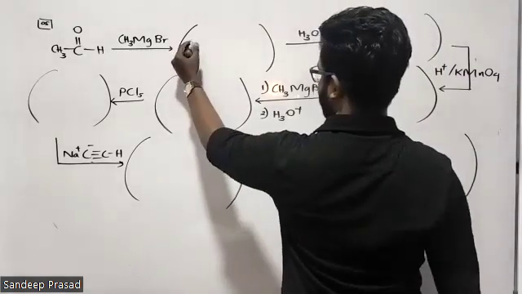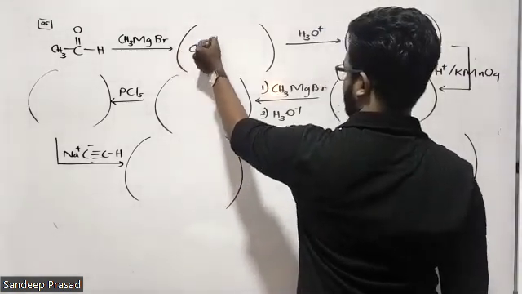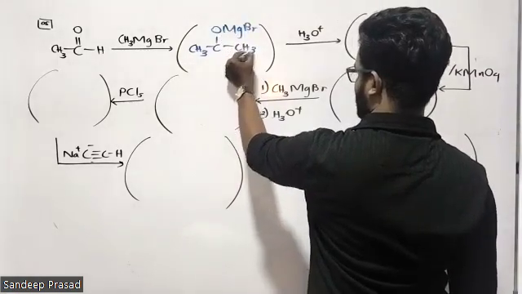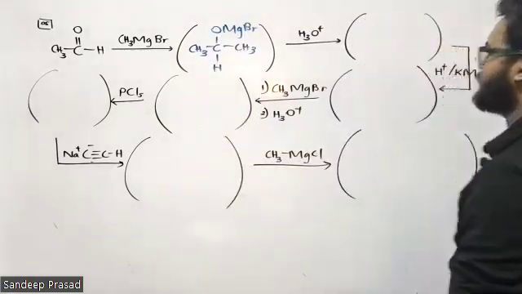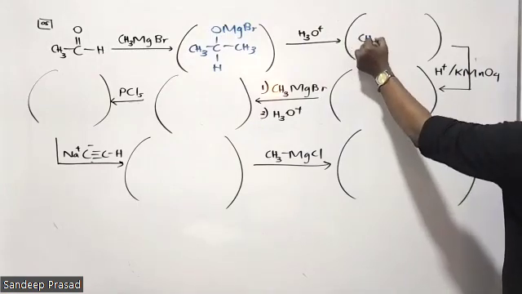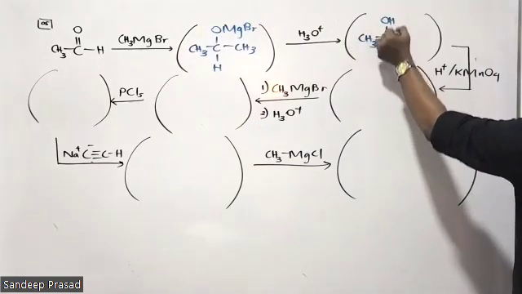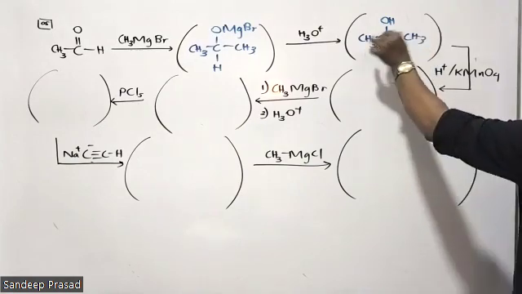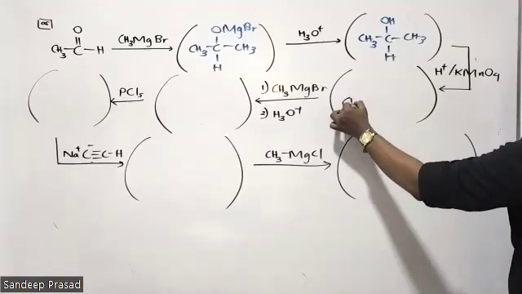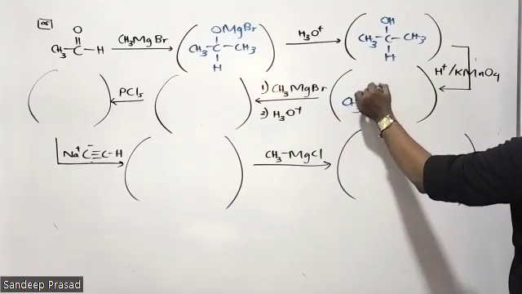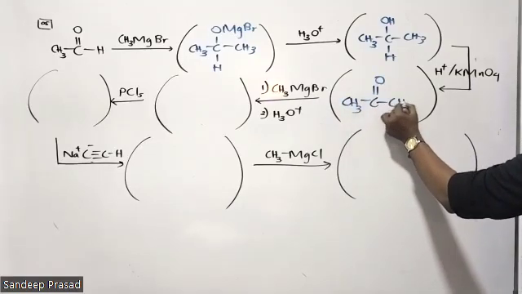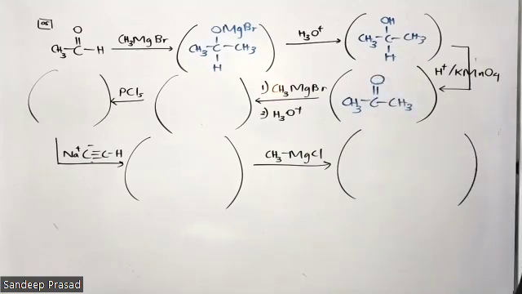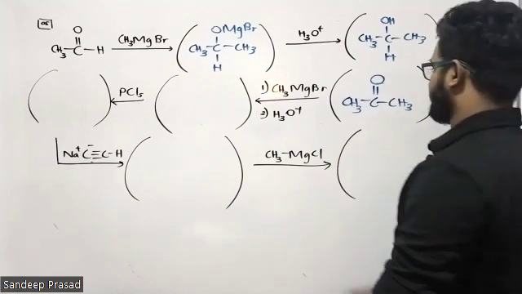So here we can say that CH3, OMgBr, CH3H. So this is a secondary alcohol. So even though we had acidic KMnO4, it ended up with a ketone. Then the Grignard reagent is added.